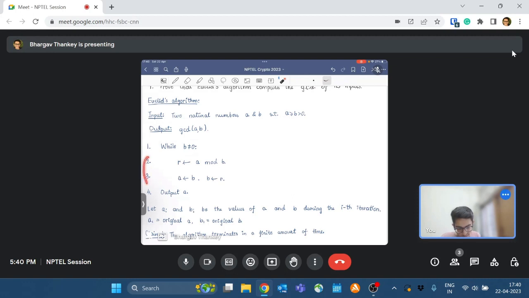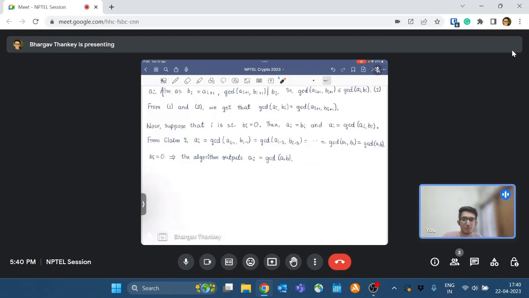So this loop won't be executed and will directly go to step 4 and output AI. But AI is the GCD of A and B, and so the algorithm outputs the GCD of A and B. So this proves the correctness of Euclid's algorithm.